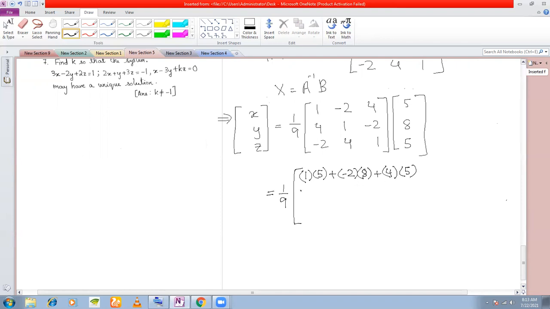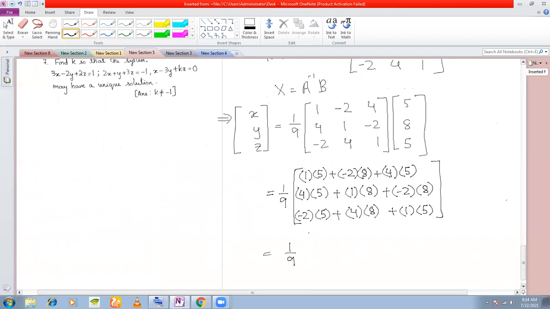Next, second row, first column. Next, third row, first column. You simplify this, you will get 9, 18, 27.